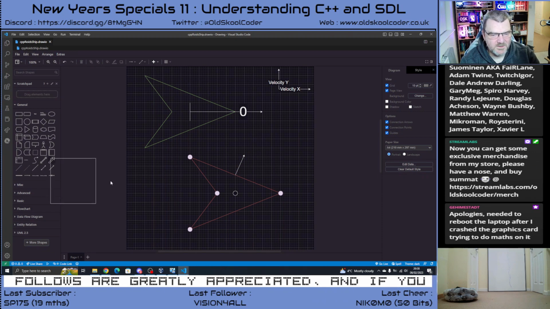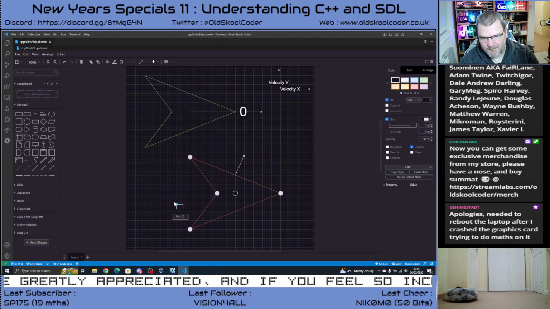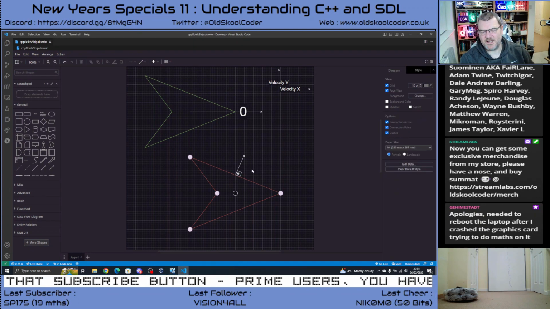To work out, we need to work out the angle. So I need to rotate that. I think that's about right. Oh, just needs a little bit more. There we go. It's as close as I'm going to get it.